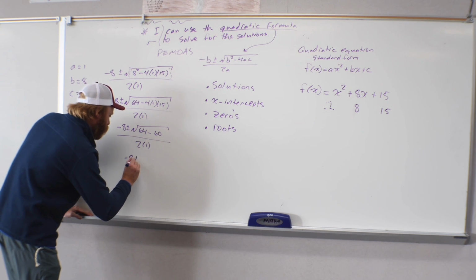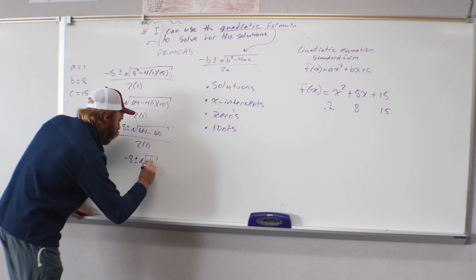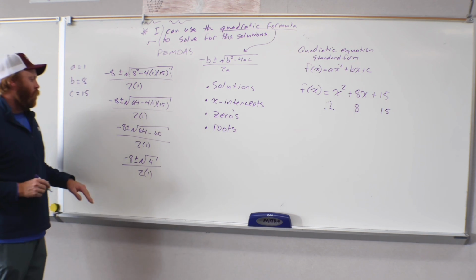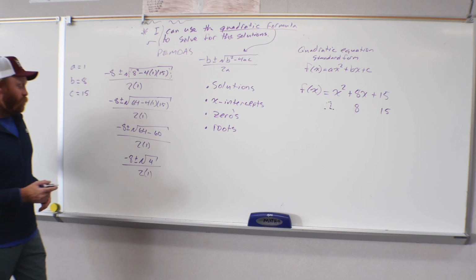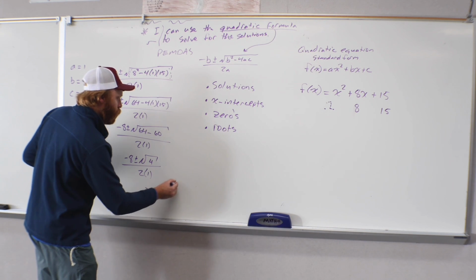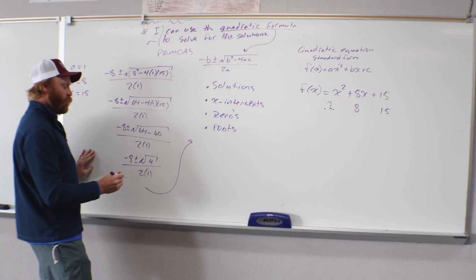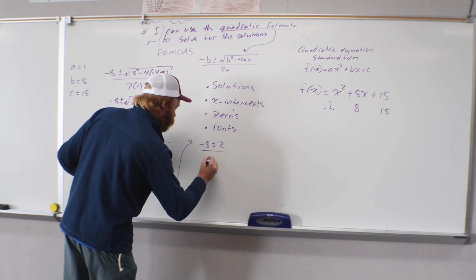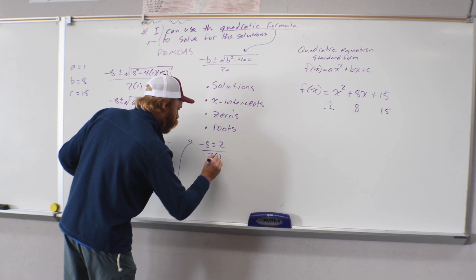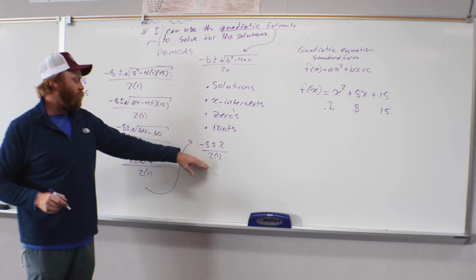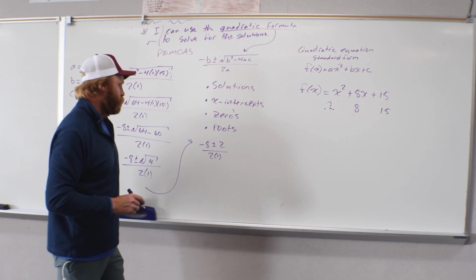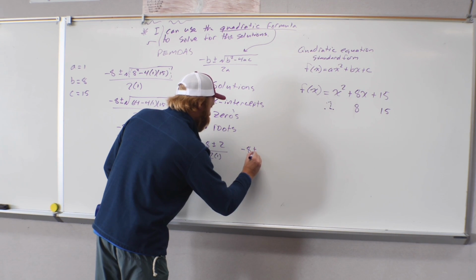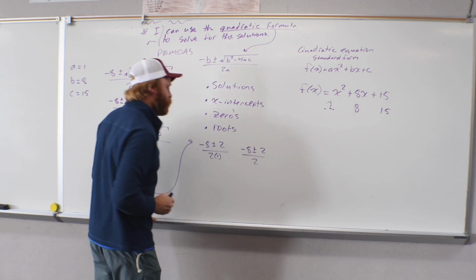Now we're going to do our adding and subtracting: 64 minus 60. So we get negative 8 plus or minus the square root of 4, all over 2 times 1. The square root of 4 is 2. So we have negative 8 plus or minus 2 over 2 times 1. Now we can multiply our 2 times 1, and we get negative 8 plus or minus 2 over 2.